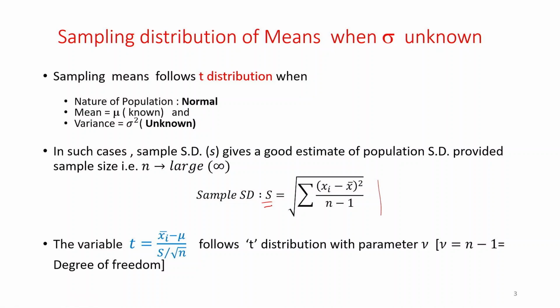Now, once the standard deviation of the sample is known, then the variable t, what is this variable? t = (x̄ - μ) / (s / √n). This variable follows a distribution known as T distribution with parameter ν, and ν is the degree of freedom. So the value of ν is going to be n - 1.